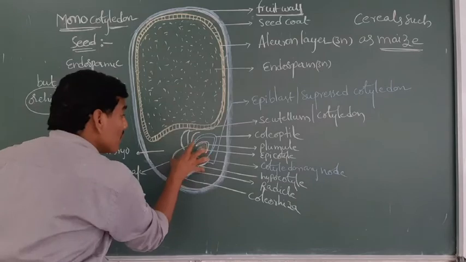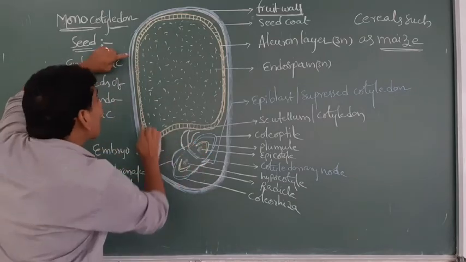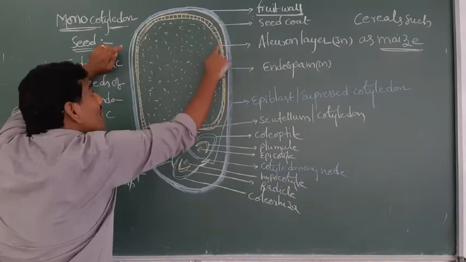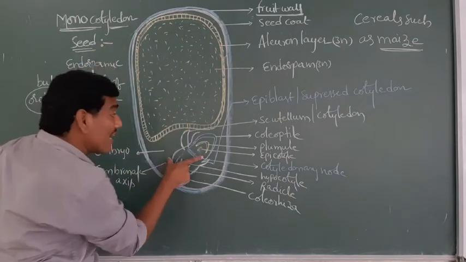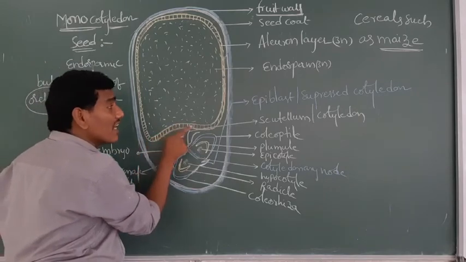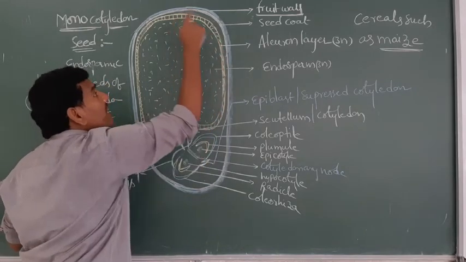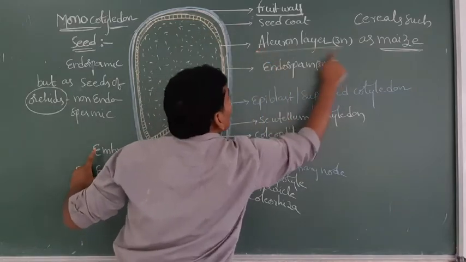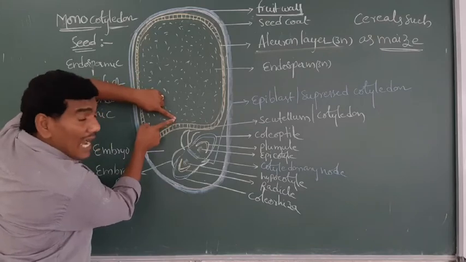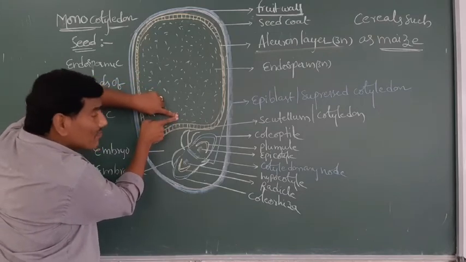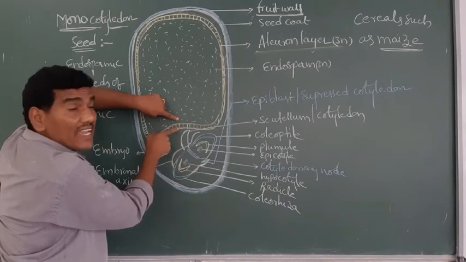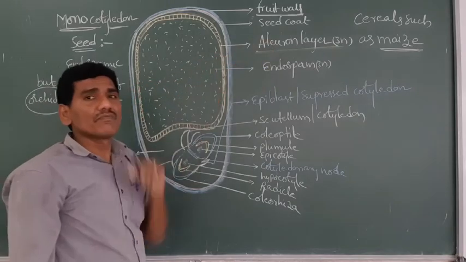Next one. This is actually the embryo. The outer covering of the endosperm separates the embryo by a proteinaceous layer that is called the aleurone layer.